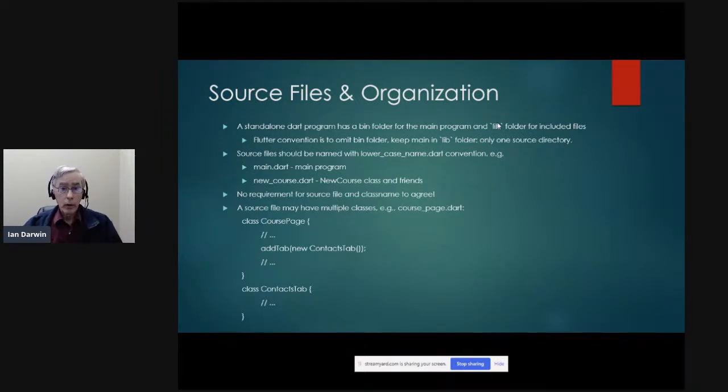It is obvious therefore that there is no requirement for the source file and class name to be the same. You could call the file fred.dart and it would still have class NewCourse in it. It would all still work. The source file can have multiple classes in it, as shown here, where one refers to the other.